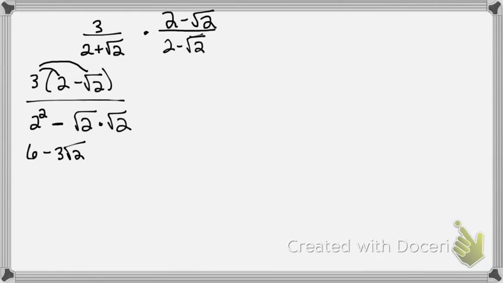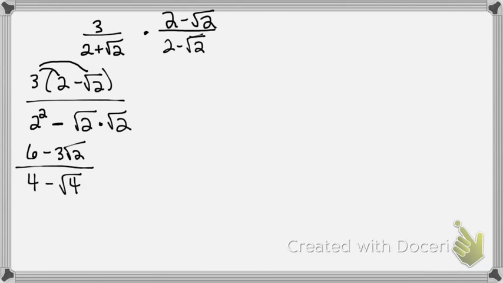Alright? For our denominator, or the bottom, 2 squared is going to give me 4. The square root of 2 times the square root of 2 gives me the square root of 4. Okay?